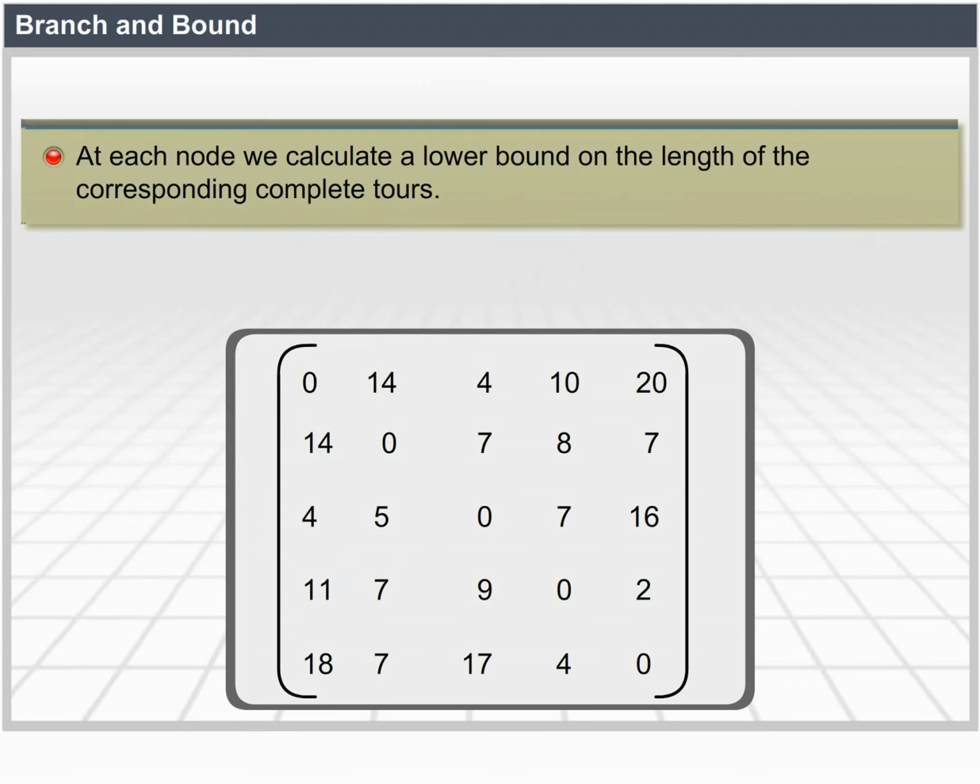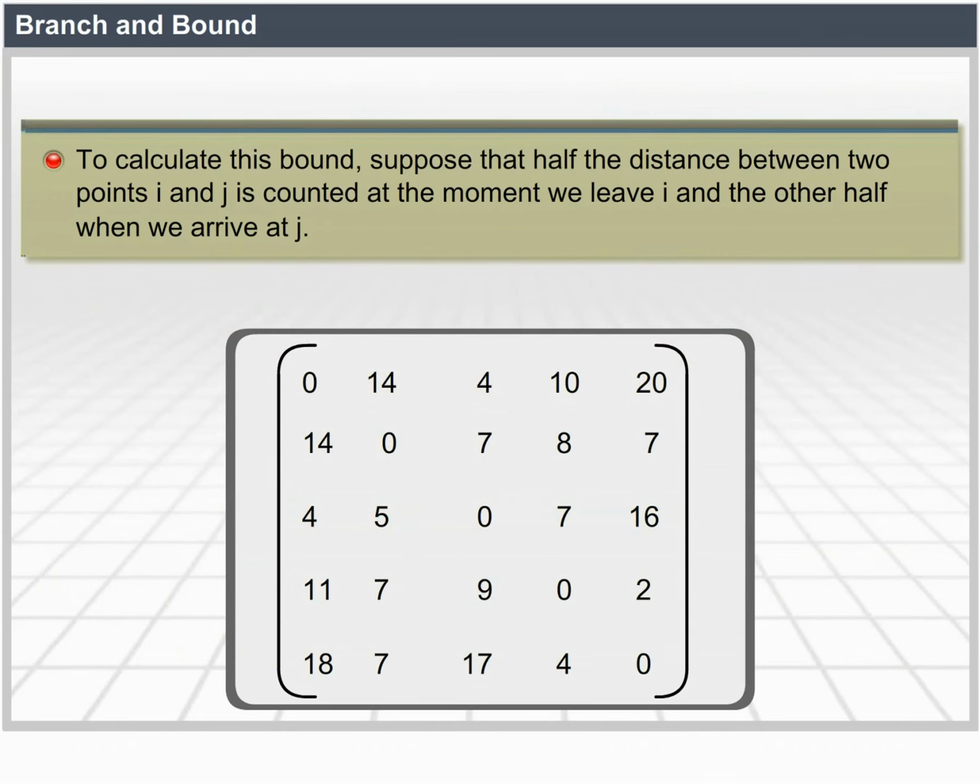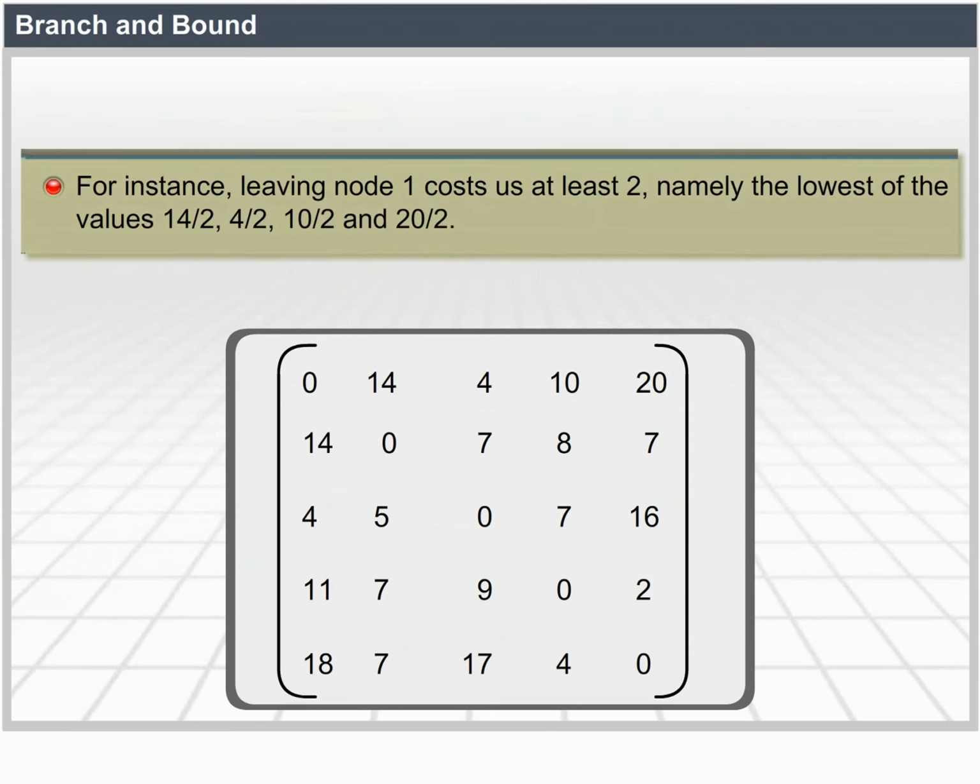At each node, we calculate a lower bound on the length of the corresponding complete tours. To calculate this bound, suppose that half the distance between 2 points i and j is counted at the moment we leave i and the other half when we arrive at j. For instance, leaving node 1 costs us at least 2, namely the lowest of the values 14/2, 4/2, 10/2 and 20/2.